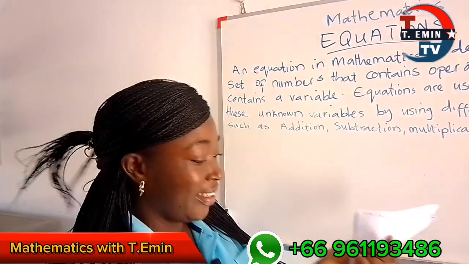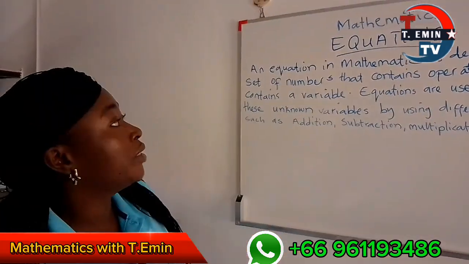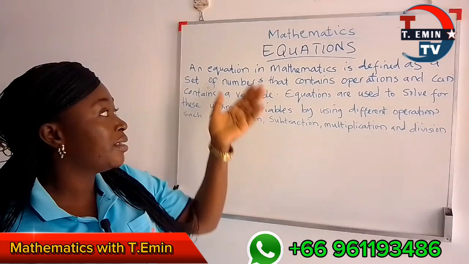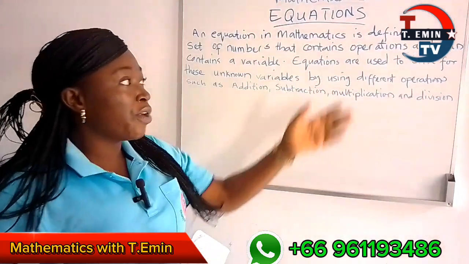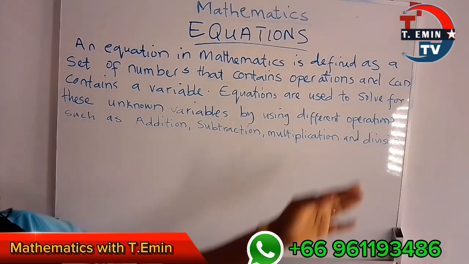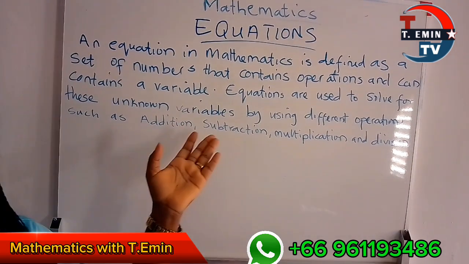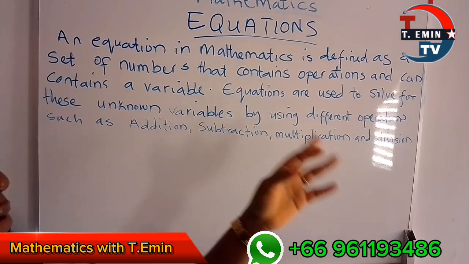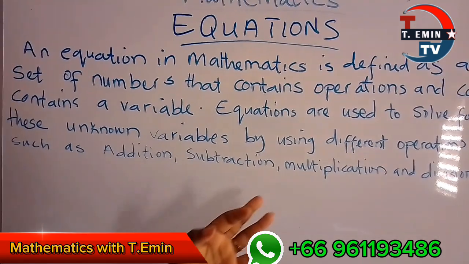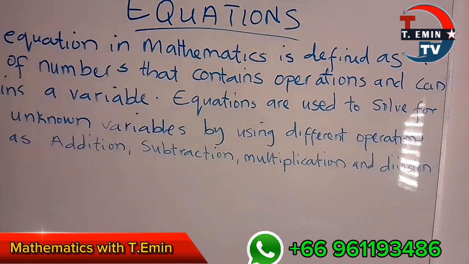An equation in mathematics is defined as a set of numbers that contains operations and contains a variable. Equations are used to solve for these unknown variables by using different operations such as addition, subtraction, multiplication, and division.